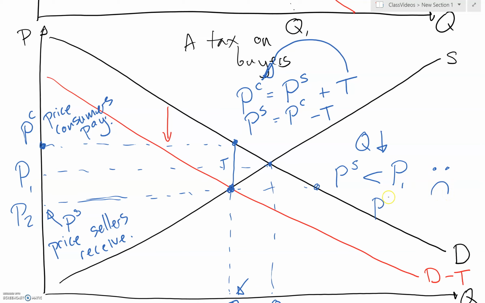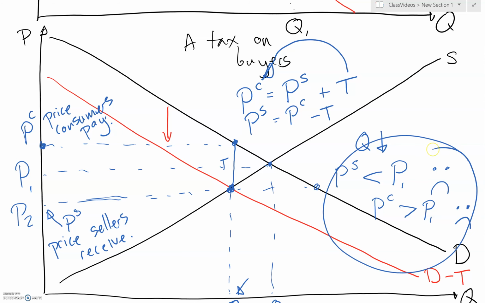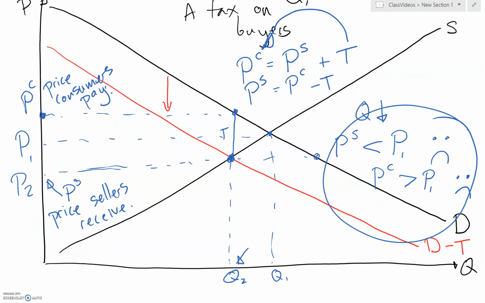And the price consumers pay is greater than the initial price without the tax, and so that's not good for them either. So the tax on the buyer's side is, qualitatively at least, and we'll get to quantitatively in my next video, having exactly the same effect on quantity and the prices that buyers and sellers are paying and receiving respectively.